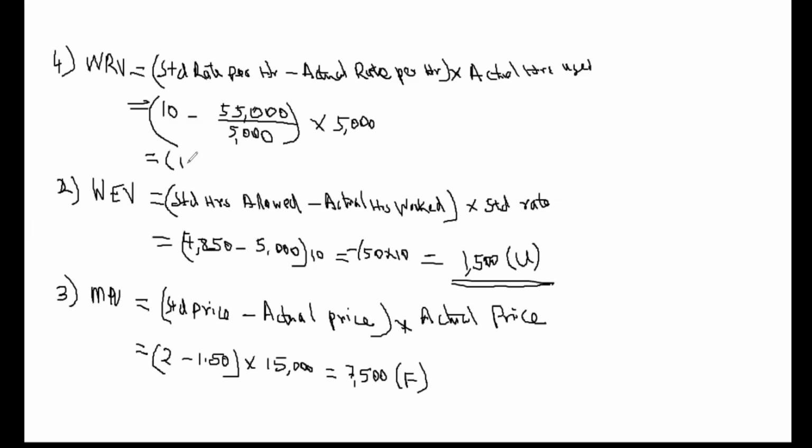So 10 minus 11, times 5,000. This is -1, because 10 minus 11 is -1, times 5,000 gives -5,000.